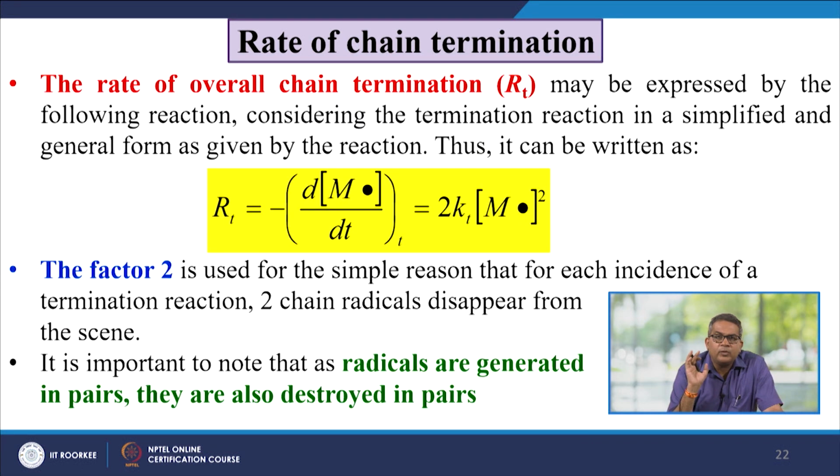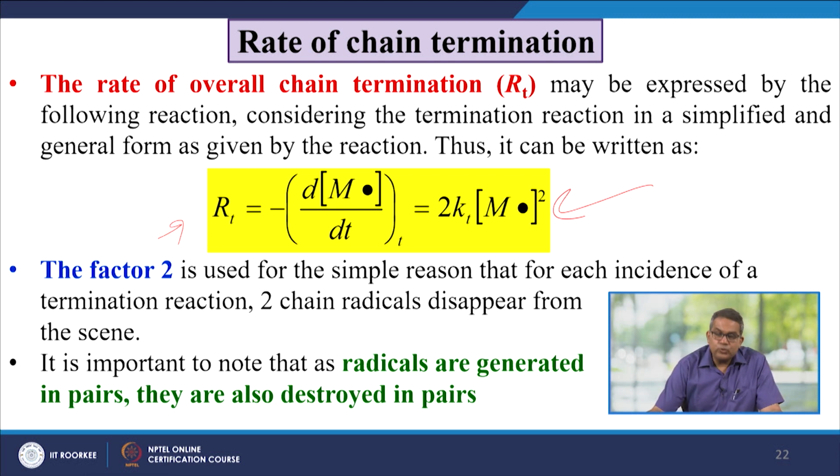If the wastage is high due to side reactions, in that case Ri should be dependent on the concentration of monomer. The rate of overall termination Rt may be expressed by this particular reaction, considering the termination reaction in a simplified and general form as per the reaction mechanism, and thus mathematically we can represent Rt = -d[M·]/dt = 2kt[M·]^2.